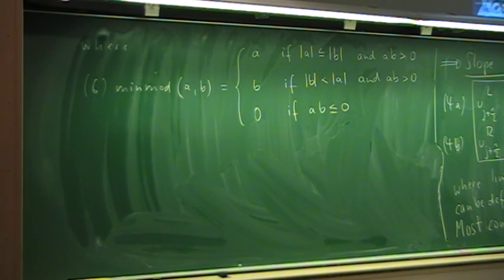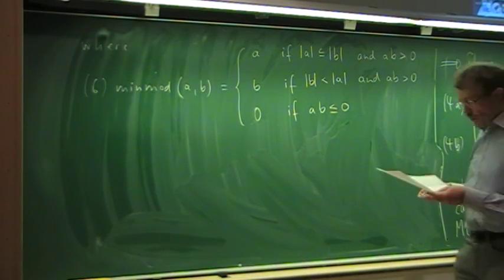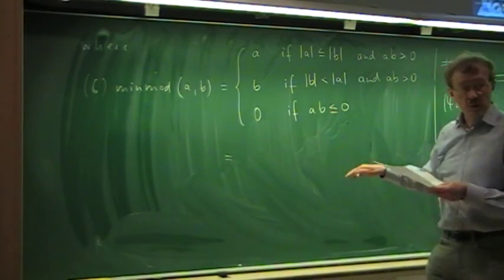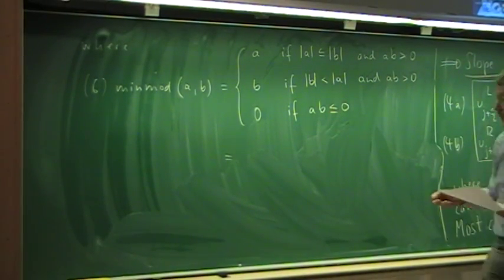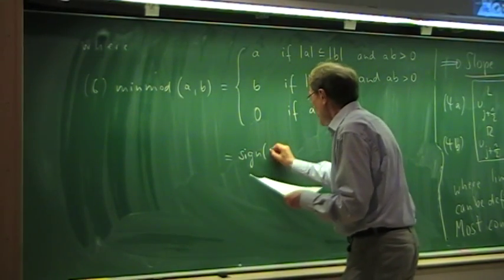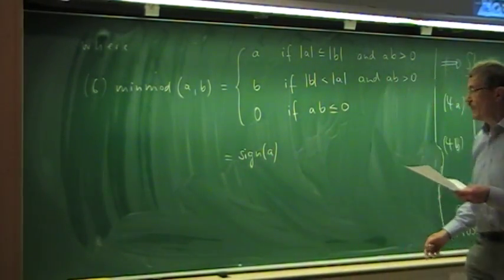However, when you do the programming, it makes sense to use a more suitable form that avoids these if statements. They usually slow down the computation. And the way you can do it is in the following way. The sign is also a MATLAB function.